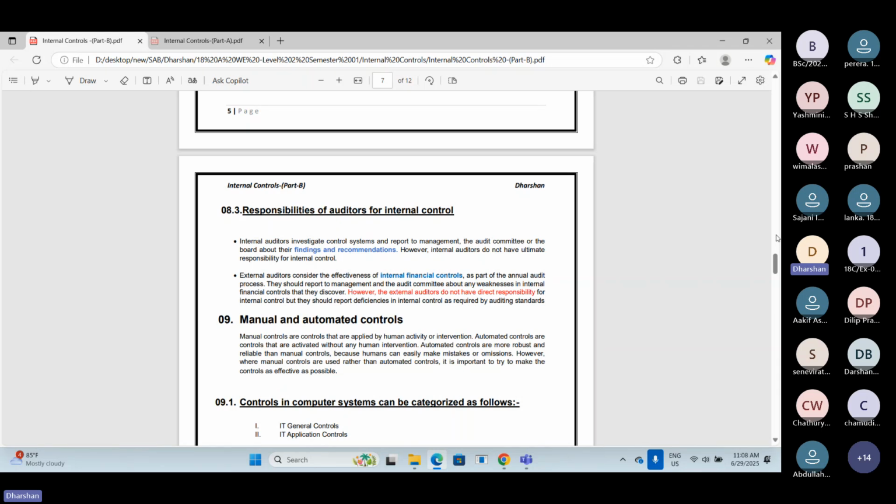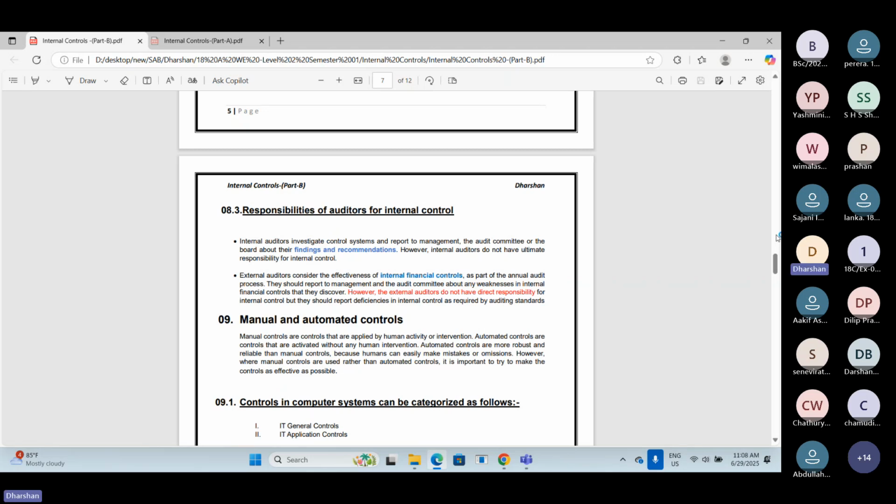So their scope is within the financial statement, not beyond that. When external auditors perform the audit, they will consider internal controls. Out of those internal controls, they will consider only financial controls.